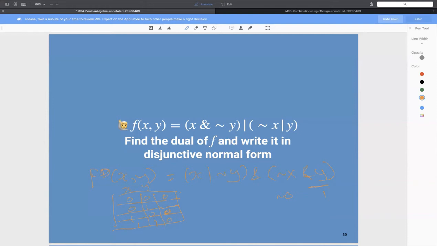So this is not 0, and x is 0, or not y, but y is 1. So this is 0. So the whole thing is 0 or 0, and okay, this is 0 and 1 and 1. This is 0. So the dual of this function is always false.